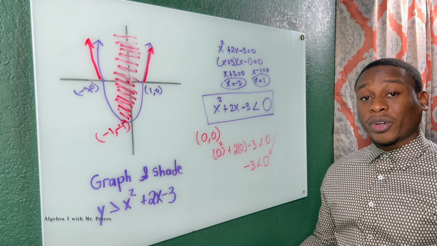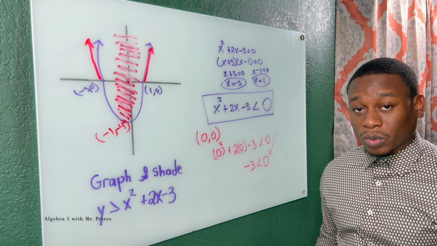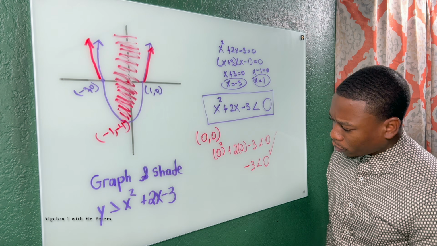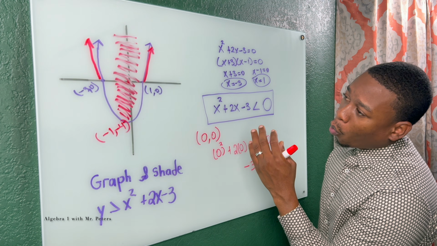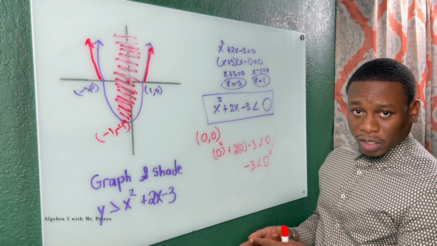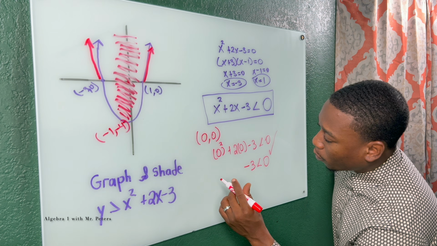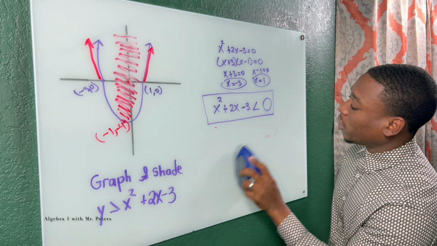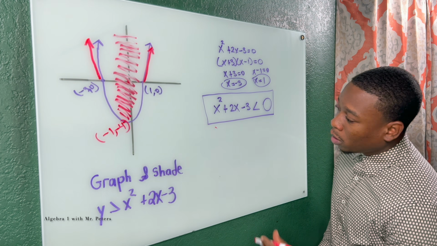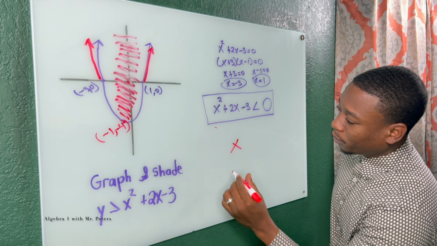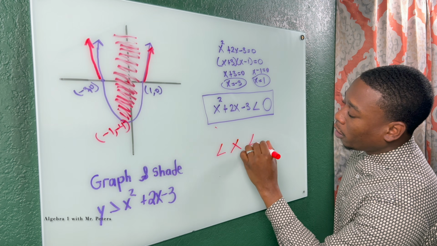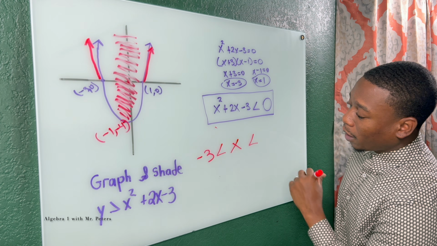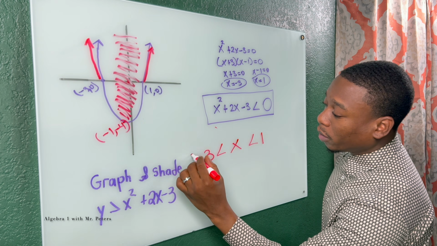Now, how do we express the solution set in interval notation? It's going to be the same thing. Think about it: when are these values less than 0? We're going to come up with a compound inequality, similar to an "and" inequality. We know x is in the middle, so x is greater than -3, and x is less than 1.